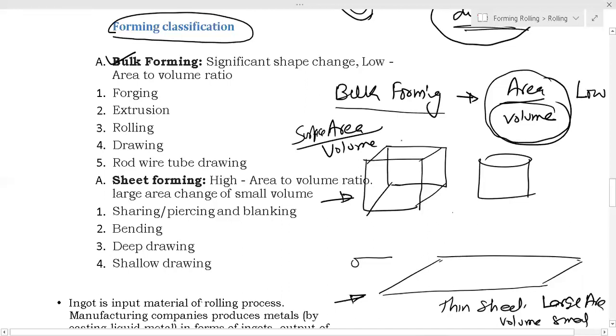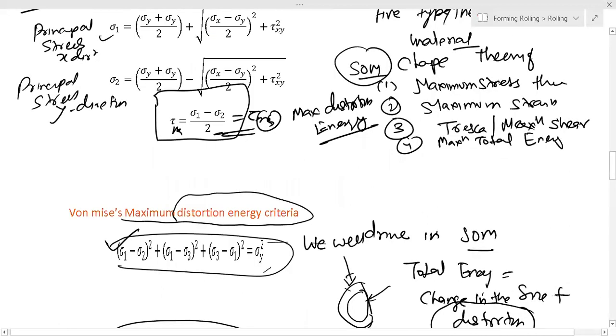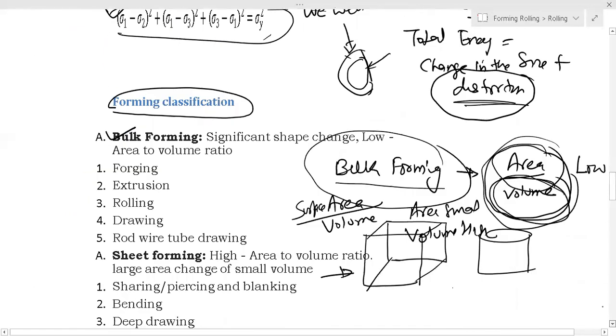Here you will see area is small and volume high. So bulk forming means where volume is large and area is small, meaning this ratio is low. If this ratio is low, then we call it bulk forming.